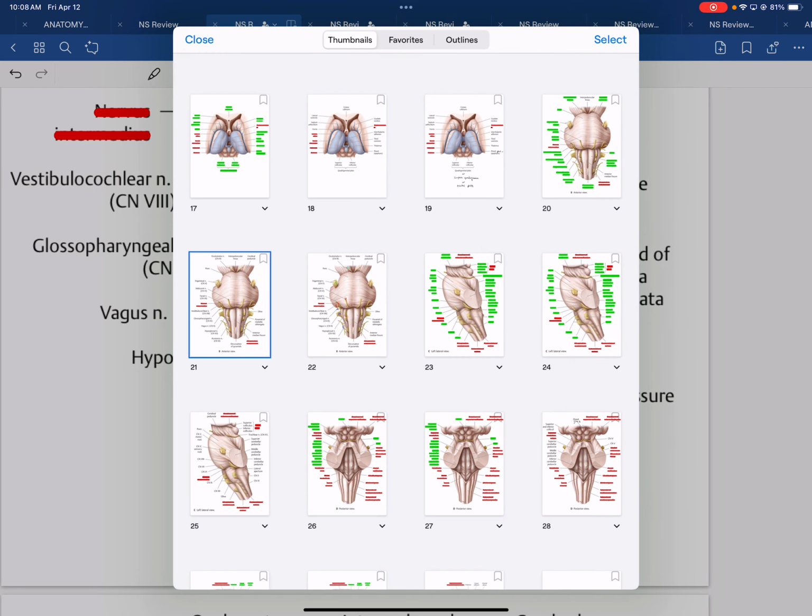What's the function of all of them, sorry? To relay unconscious proprioceptive information to the cerebellum. I just have somatic sensory info between spinal cord and cerebellum.